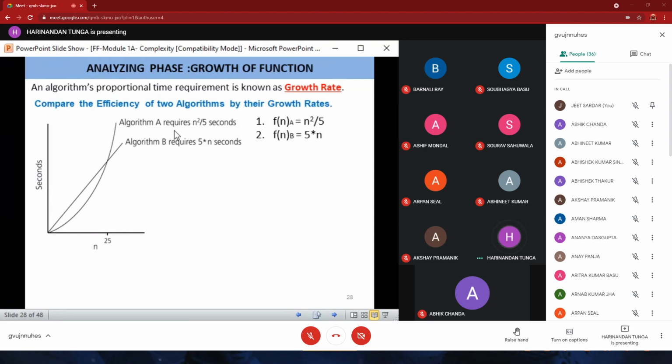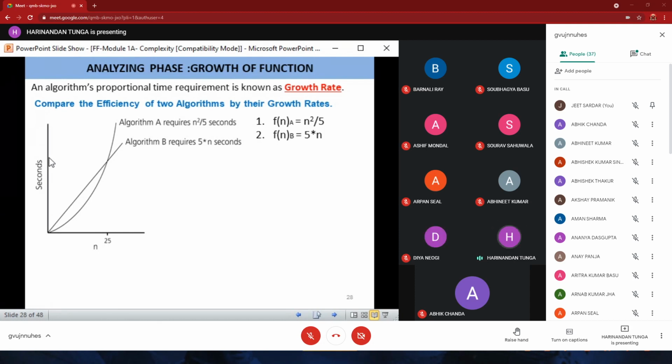These two graphs intersect at 25. The problem size is 25, and suppose the time is t1.